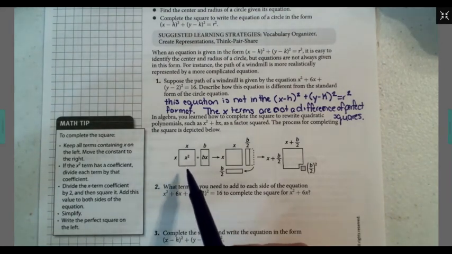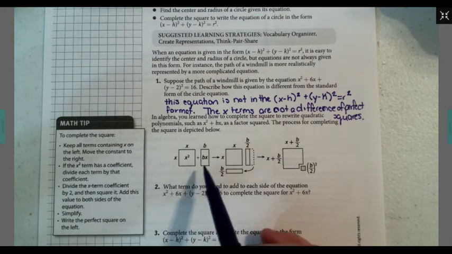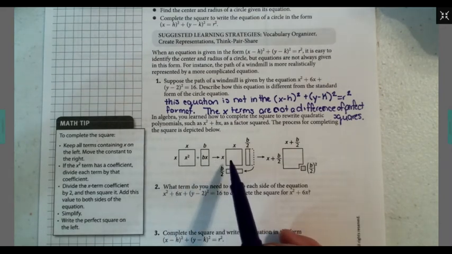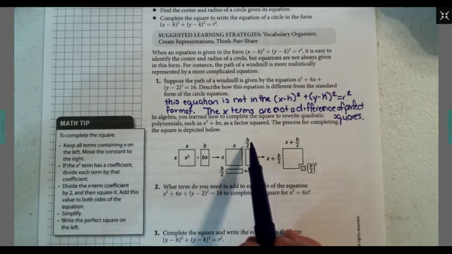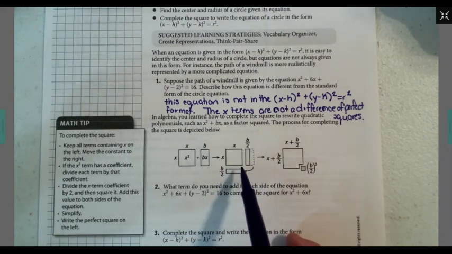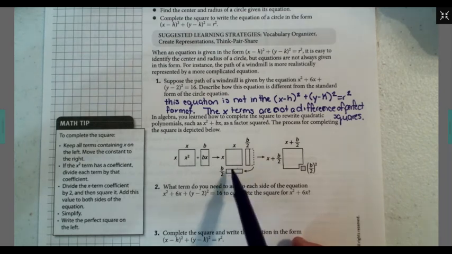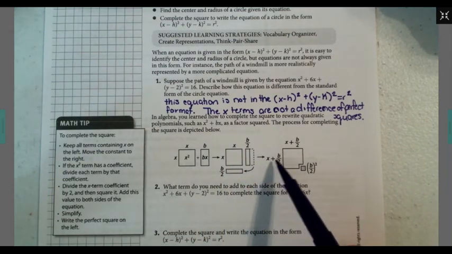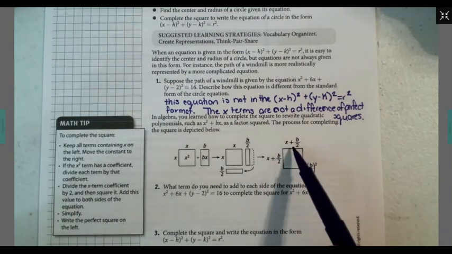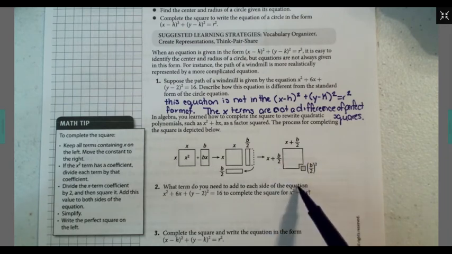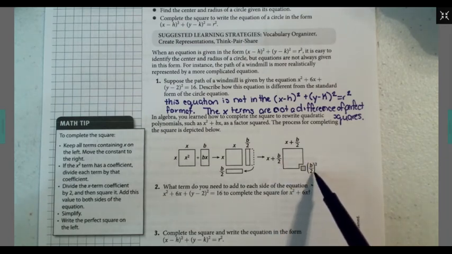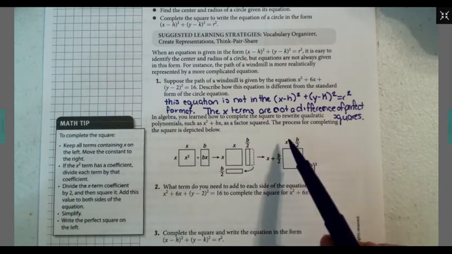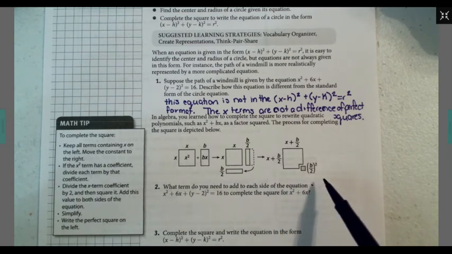You have x squared plus bx goes to x squared plus bx plus b divided by 2 squared, which goes to x plus b over 2 squared.